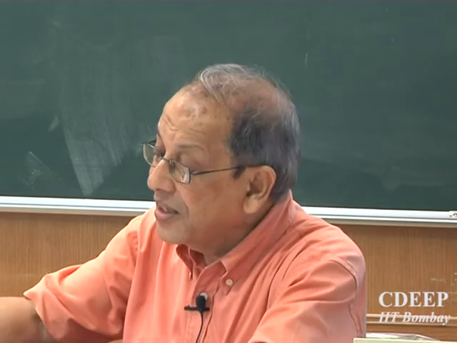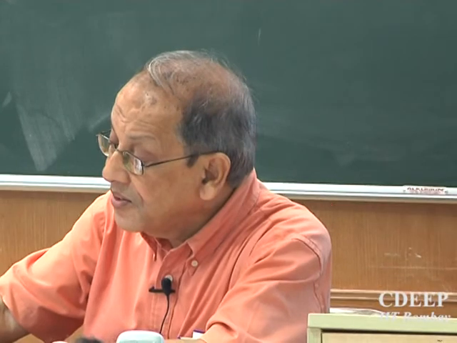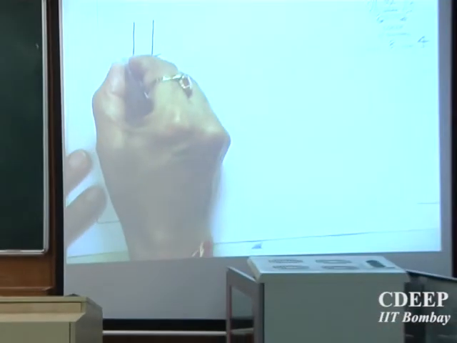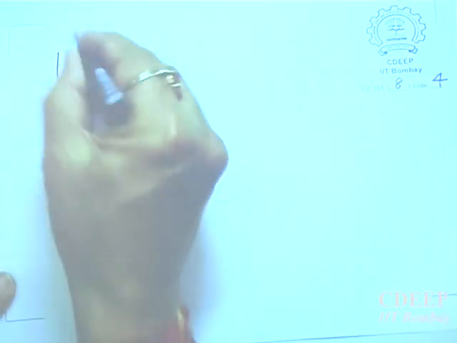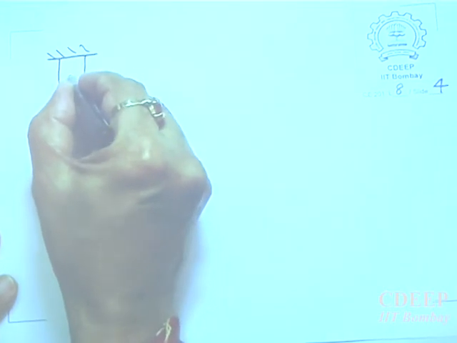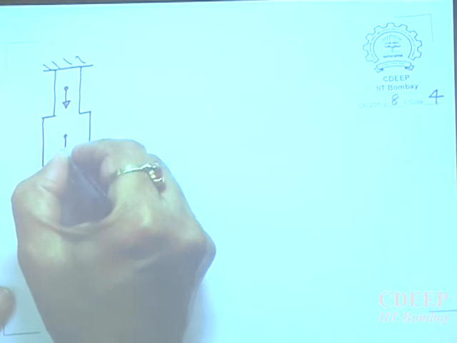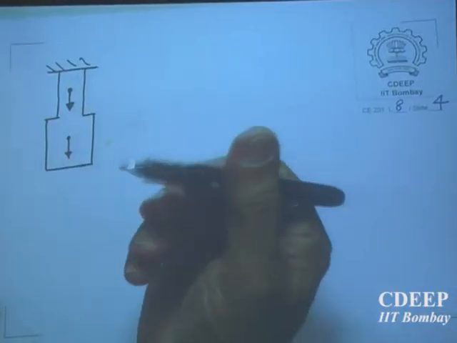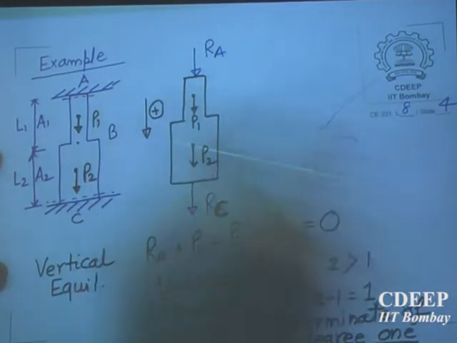So I will just keep this problem. I have removed the bottom boundary condition. The boundary was at A and C. So I have removed it and made it determinate.